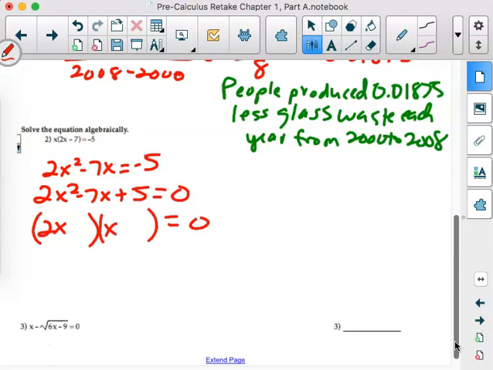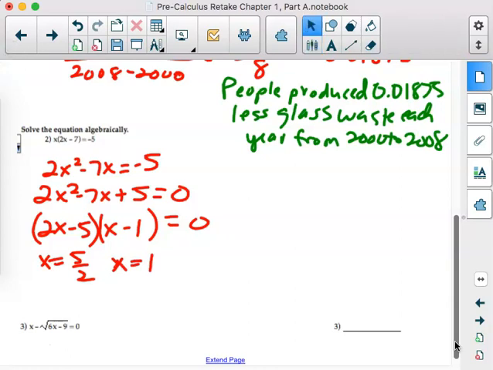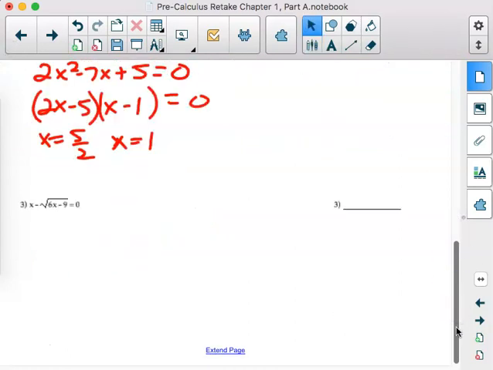And then you use combinations of -1 and -5 until you get the one that would add to -7 in the middle. And so our two solutions here would be x equals 5/2 and x equals 1. Like so.